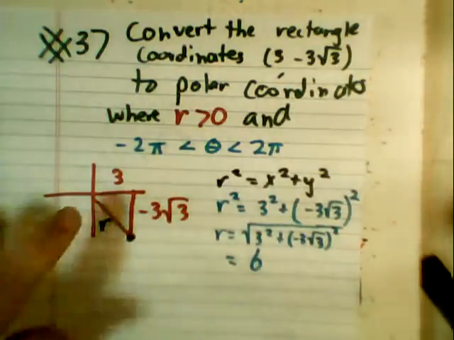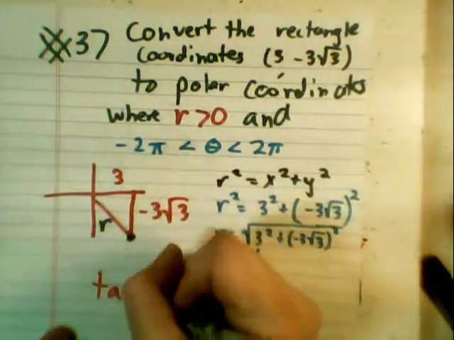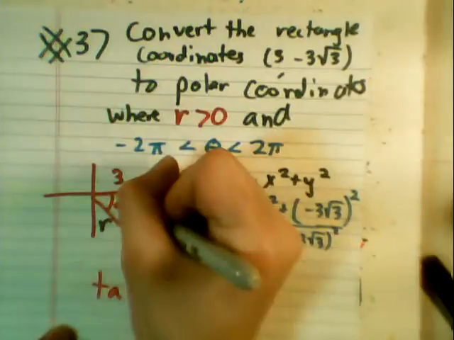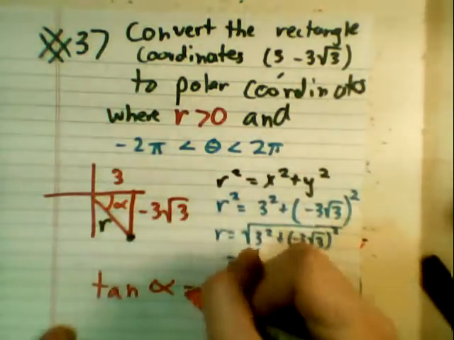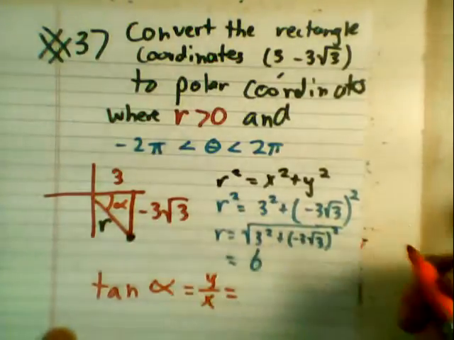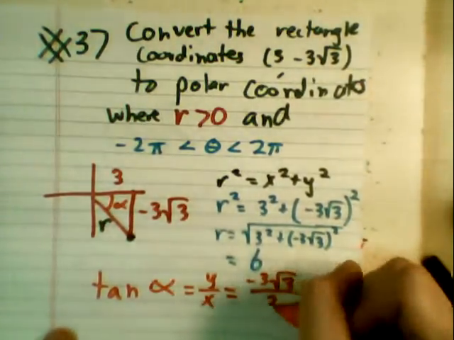Now we need to figure out our angle. So we can do tan inverse. So tan of our angle, let's call this angle alpha, equals our y over x. And our y is -3√3, our x is 3.